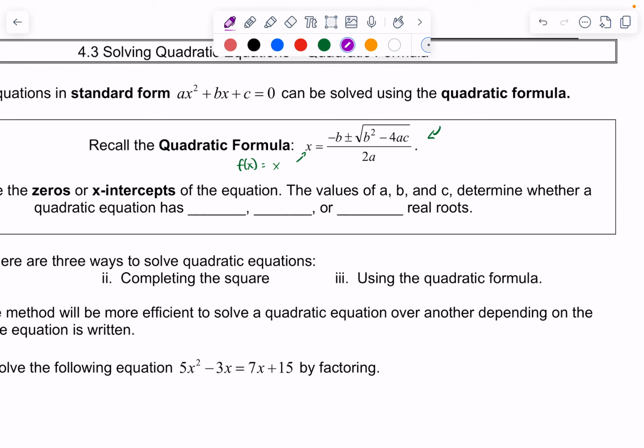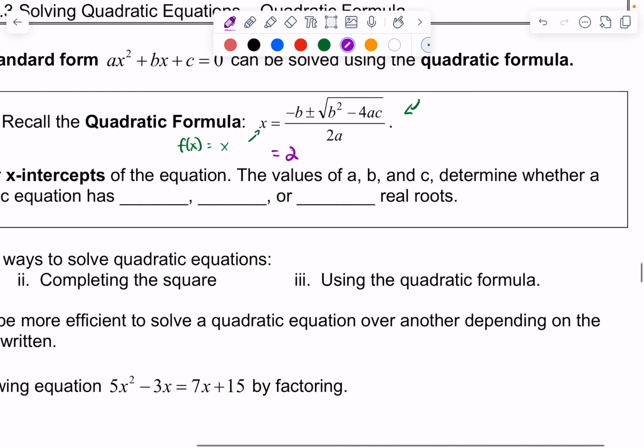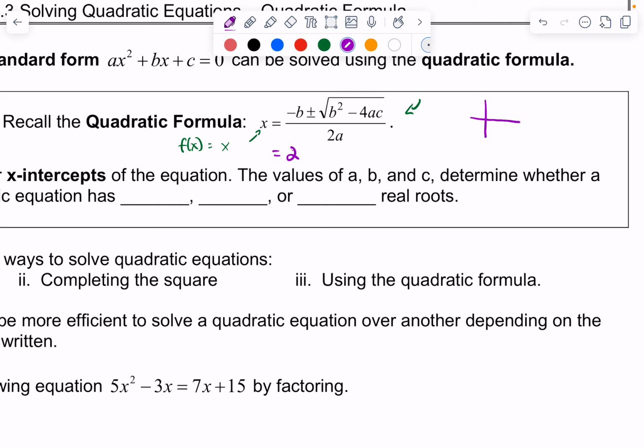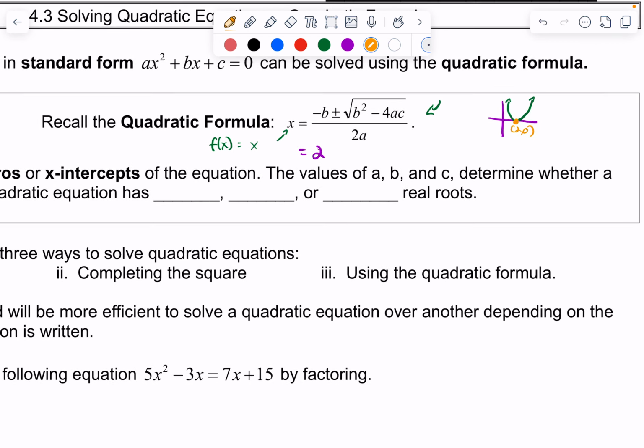So meaning that if you applied your quadratic formula, and let's say you got something like a value of 2, okay? That means you would have an x-intercept, and say you only had one value, you'd have an x-intercept right here, right there, at (2, 0). Okay, so that's what the quadratic formula is spitting out. It's your zeros, your solutions.